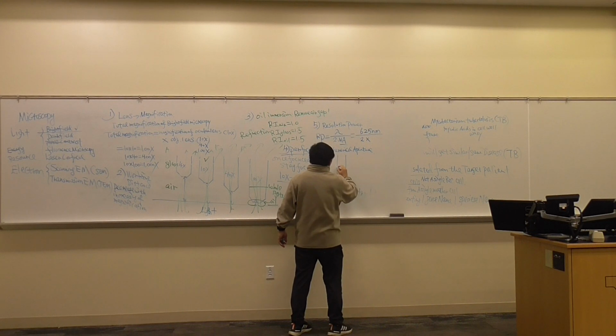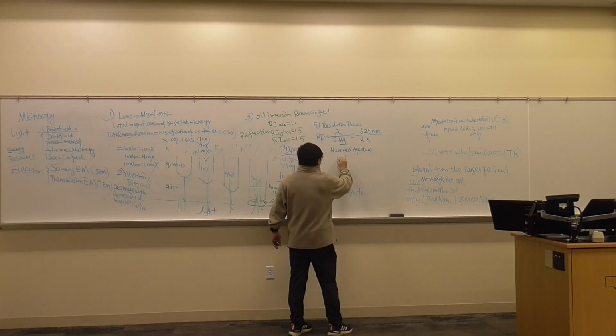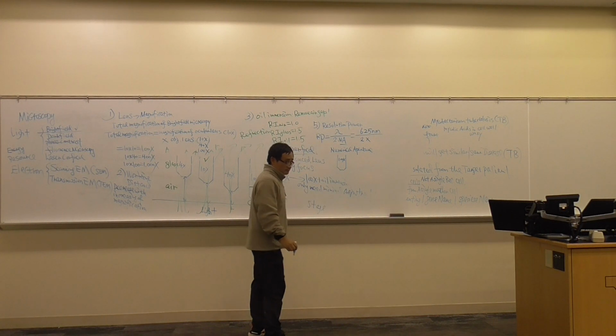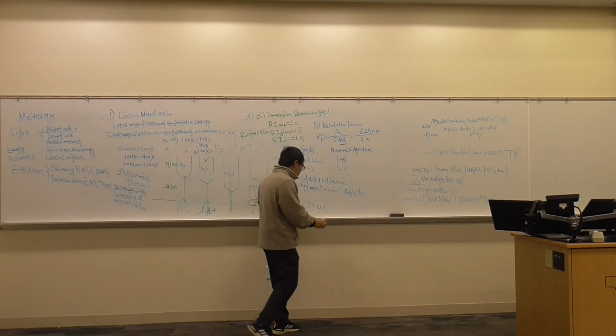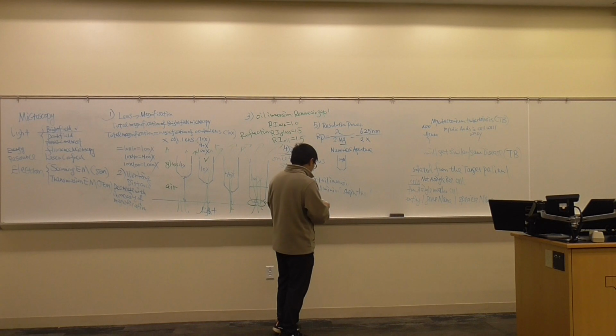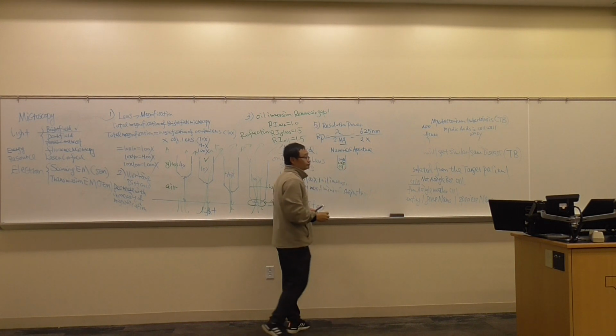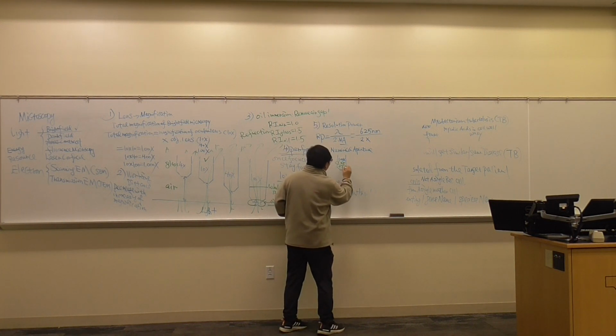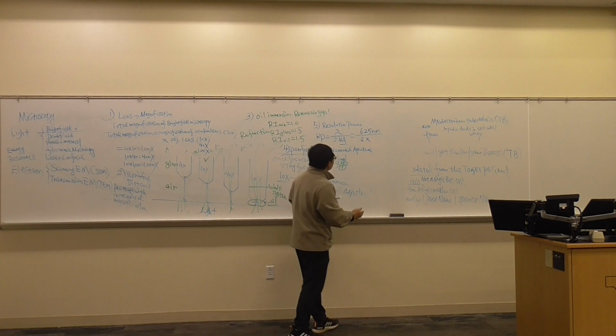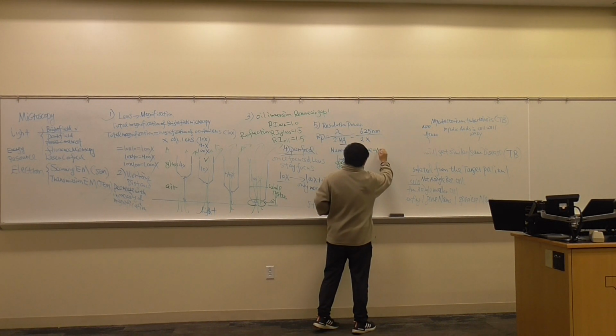I will show you in the lab later on. If you see a lens 100x, you will always see a very important number below it, saying 1.25. What is this number? That is called numerical aperture, acronym NA equals 1.25.